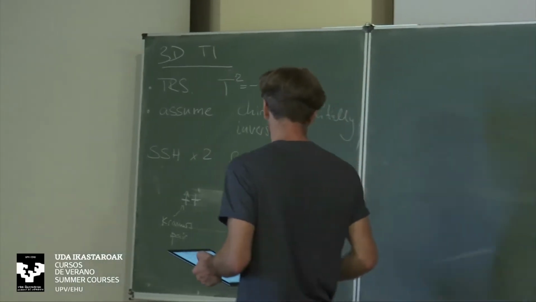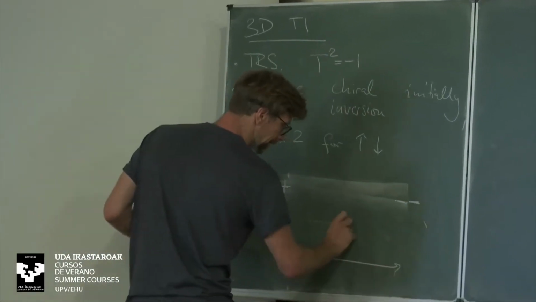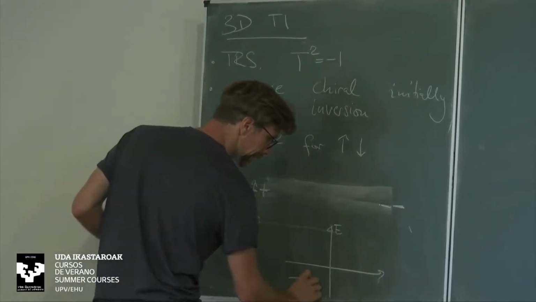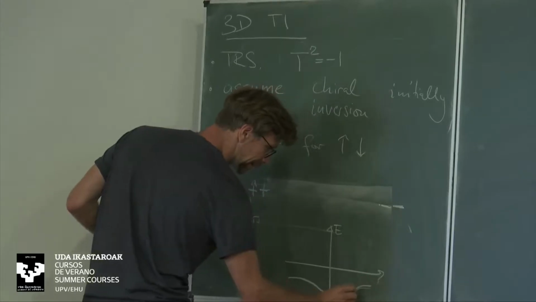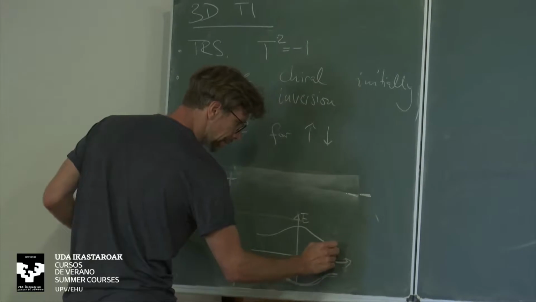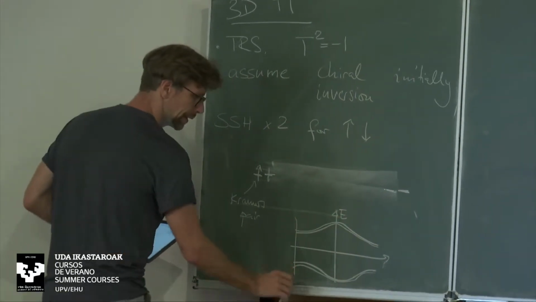And I remind you that this has inversion eigenvalues now, in the band structure. That was our last way of characterizing the topology. So now we have two bands which are actually degenerate everywhere because of time reversal times inversion.